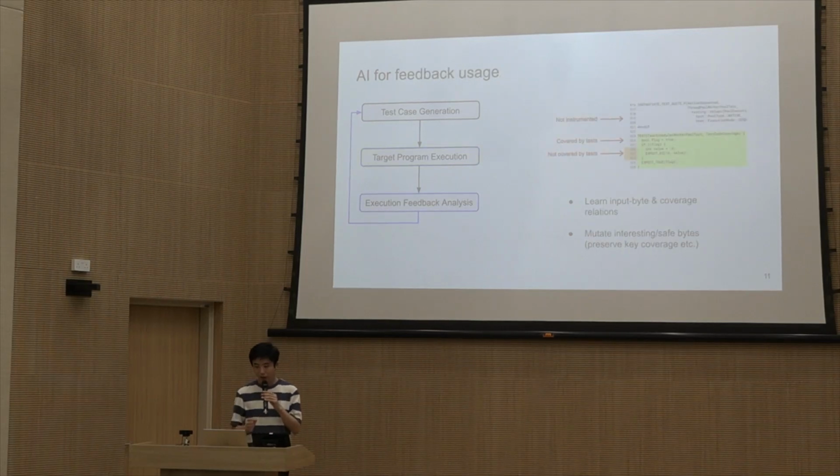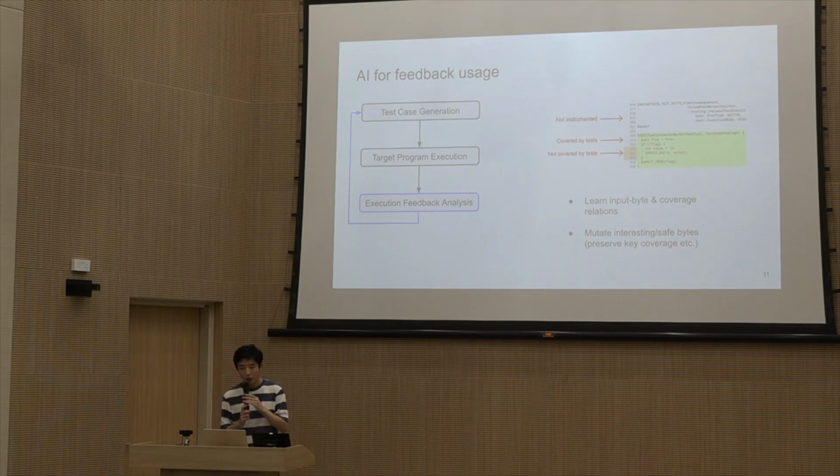The third one is what we discuss in detail today: AI for execution feedback usage. A very important problem in testing is that we need to learn the relation between the bytes inside the input and the coverage, that is, which part of the input is going to affect which part of the code.